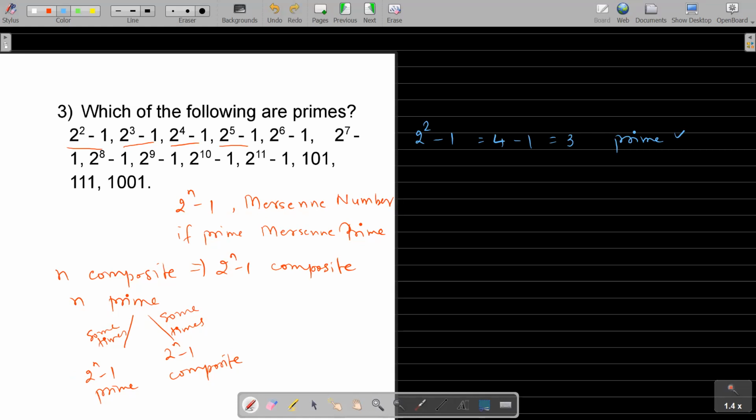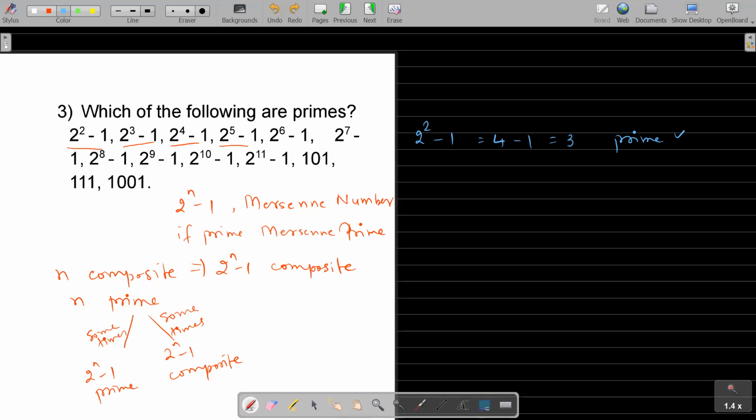Sir, I just had an observation. If the number which is in the exponent over here is a prime number, then the answer is a prime number. But the interesting fact is, not always. And Mersenne listed some such numbers. In fact, Mersenne himself made some 5 mistakes while listing all such numbers.